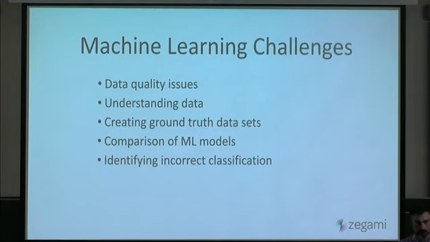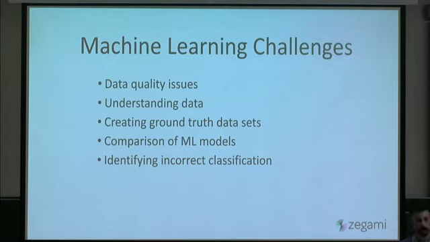As I mentioned previously, creating big ground truth data sets, especially for deep learning where you need hundreds of thousands of images or data points to get any value out of it, is really expensive and time consuming. We believe Zegami can make that process a whole lot easier, as well as making it easier to get your head around and understand the data sets you're dealing with.